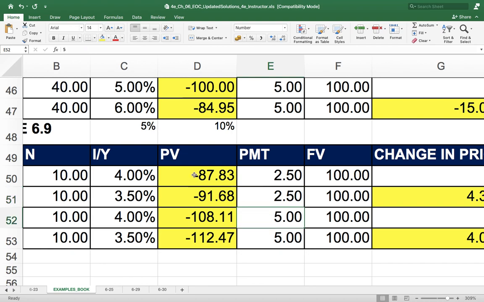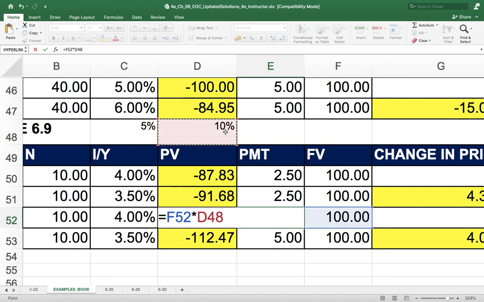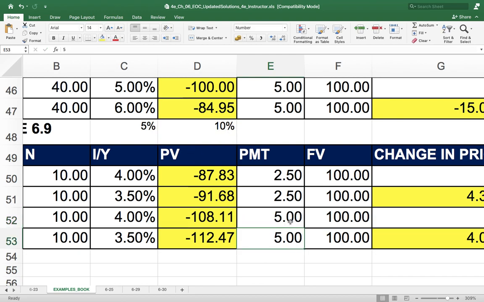Bond B is 10%, so that will be equal to face value multiplied by coupon rate divided by 2, and this will remain the same for the next one. Now please calculate the pricing.